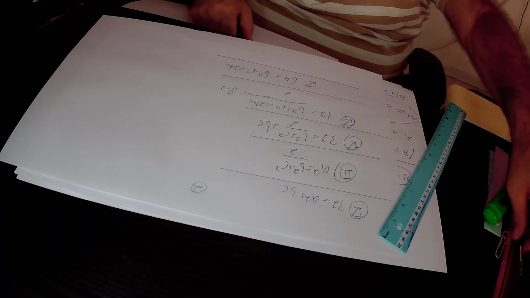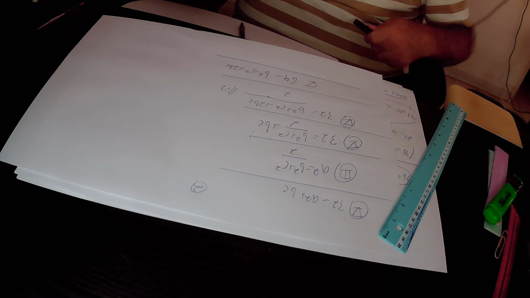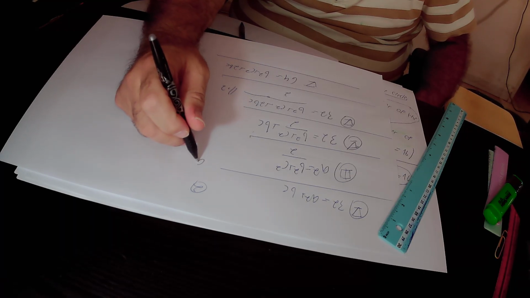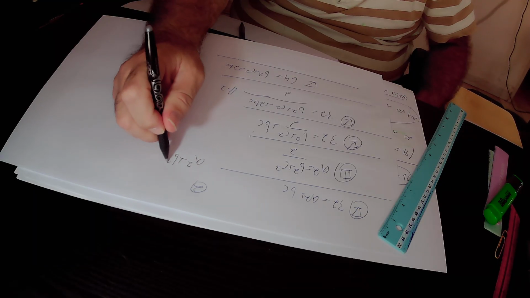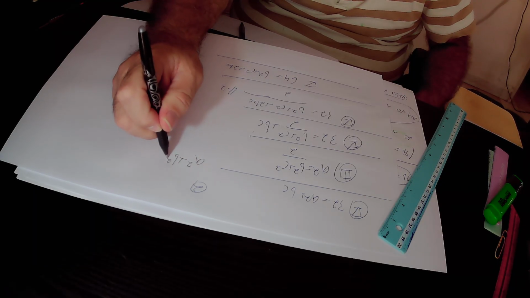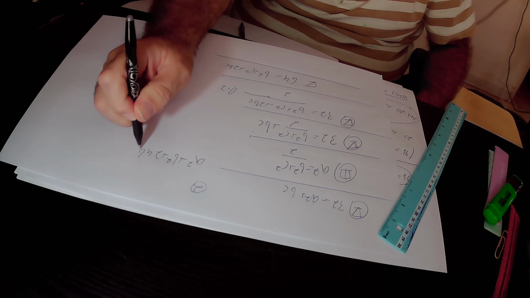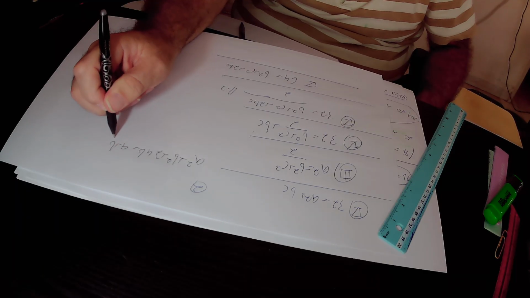We have the algebraic identity that says that A square plus B square plus 2 times A times B equals A plus B squared.